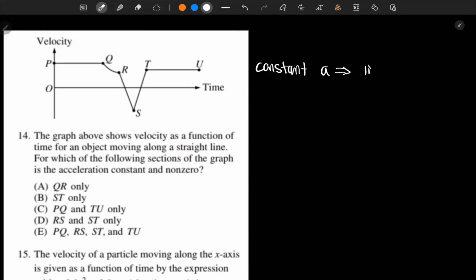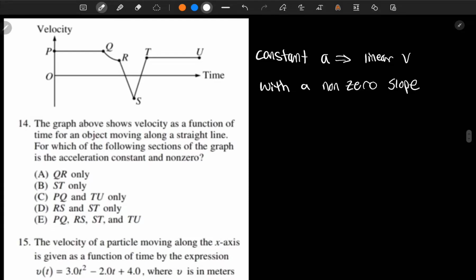So here there are only two sections that have a linear velocity with a non-zero slope. These sections are RS and ST. So the answer here is D.